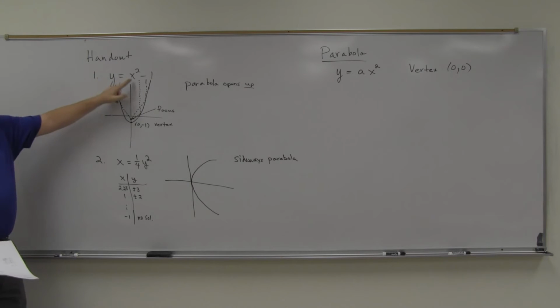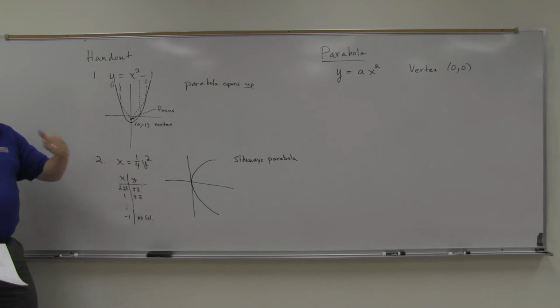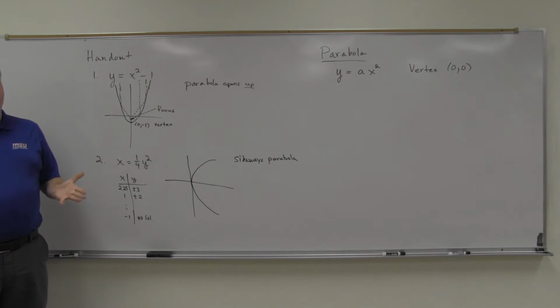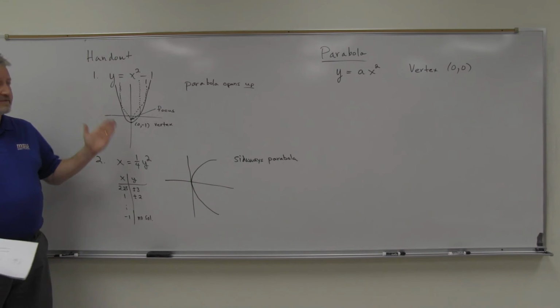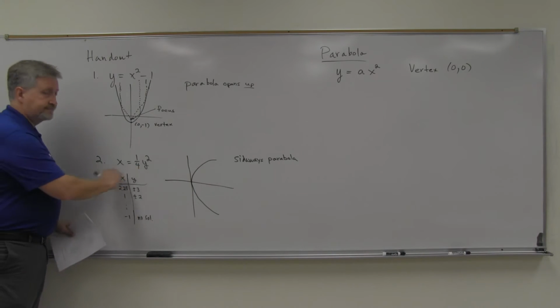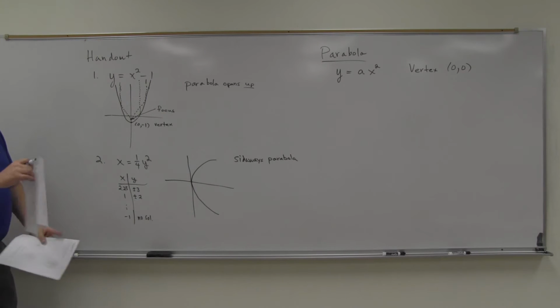You've got y equals x squared here, and here you've got x equals y squared, right? So one of them is squared, and depending on which one's squared, that decides whether it's an up or down parabola, or sideways. You with me there? Okay? So take note of that. We'll talk more about it in a second.